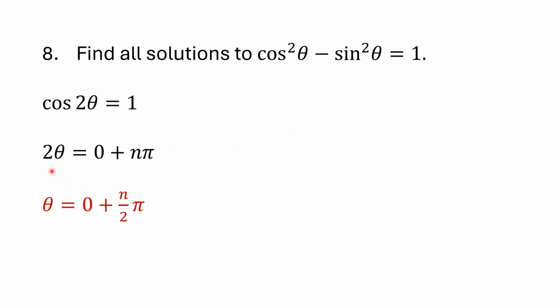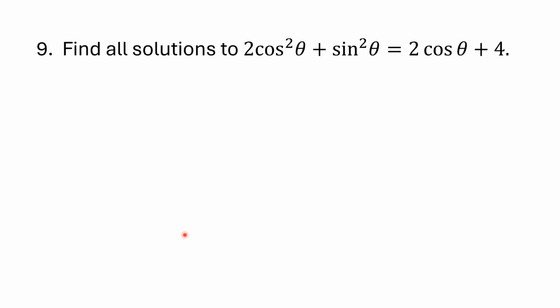So we have the cosine of 2 theta equals 1, which means that the cosine is 1 at 0 and at n pi. So 2 theta equals 0 plus n pi, or theta equals 0 plus n over 2 pi.